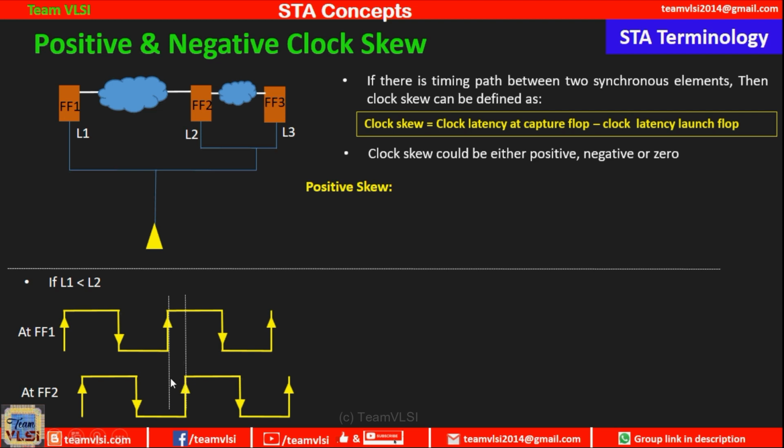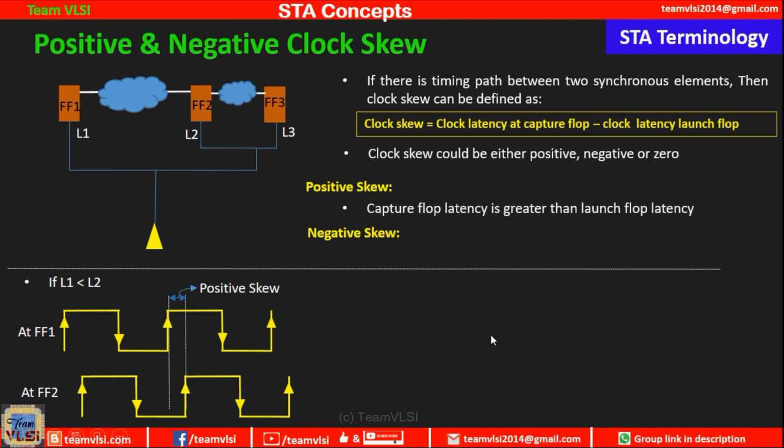Here the skew is the arrival time of the clock at flip flop 2 minus the arrival time of the clock at flip flop 1, and obviously it is positive since L2 is greater than L1, so this is the positive skew. So in case of positive skew, capture flop latency is greater than launch flop latency, right?